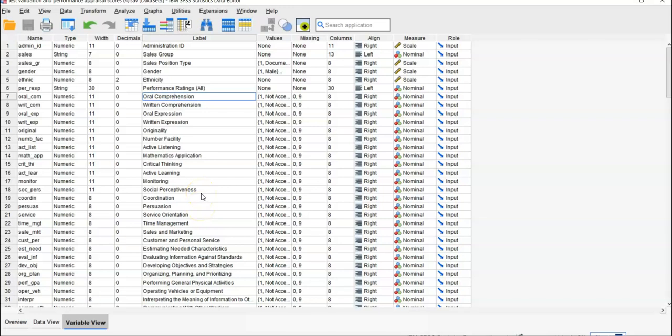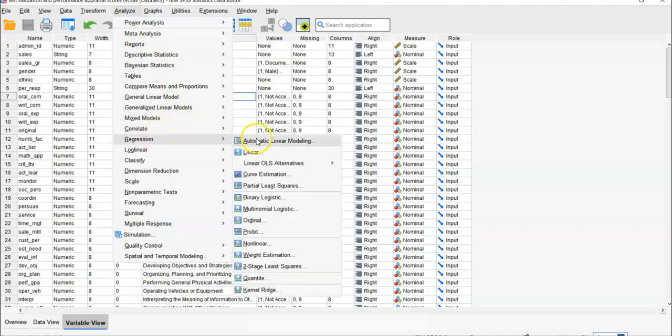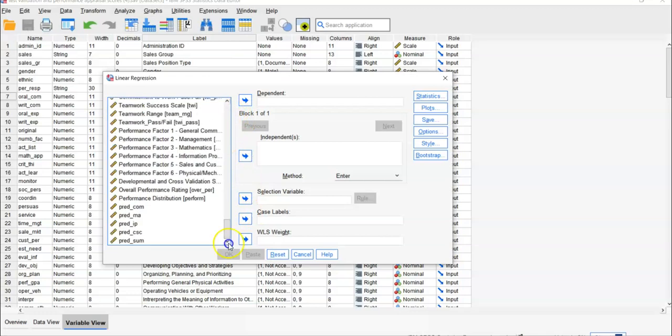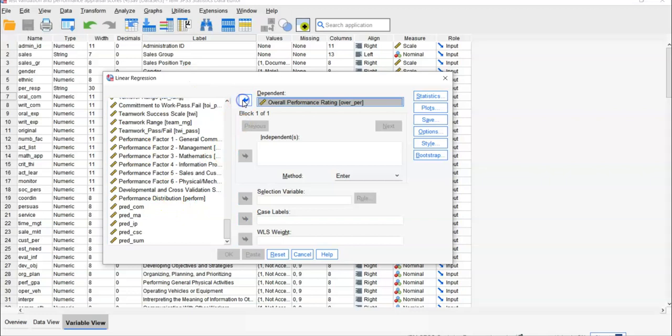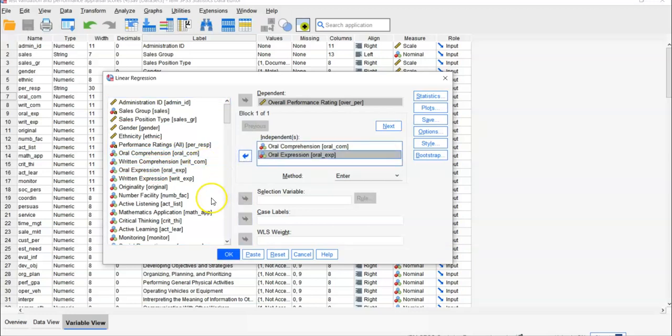For this regression, we first go to Analyze, then Regression, then Linear. The dependent variable is the overall performance rating. Now we choose the first independent variables, oral comprehension and oral expression, and put them in with the method Enter.